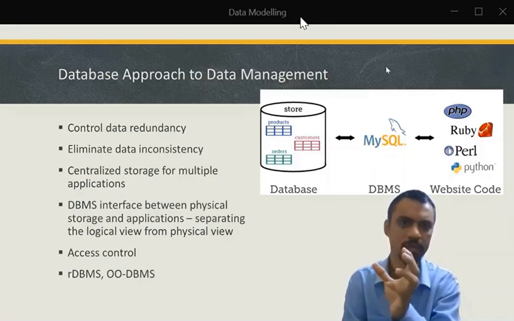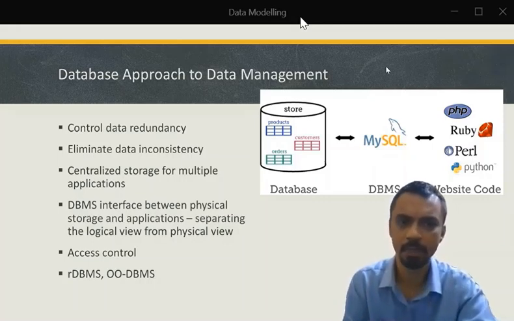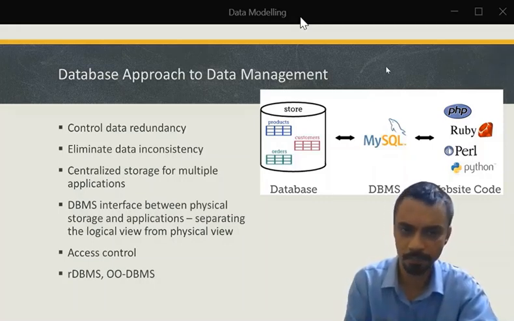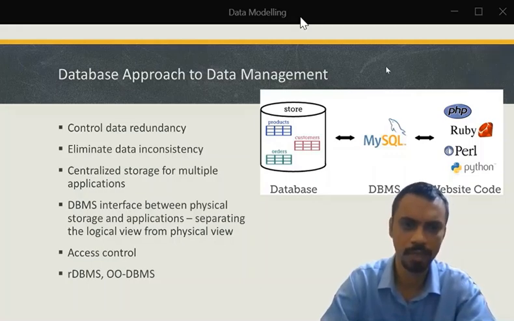So you need a special purpose application known as the database management system. The examples we have seen, MySQL or Microsoft Access.